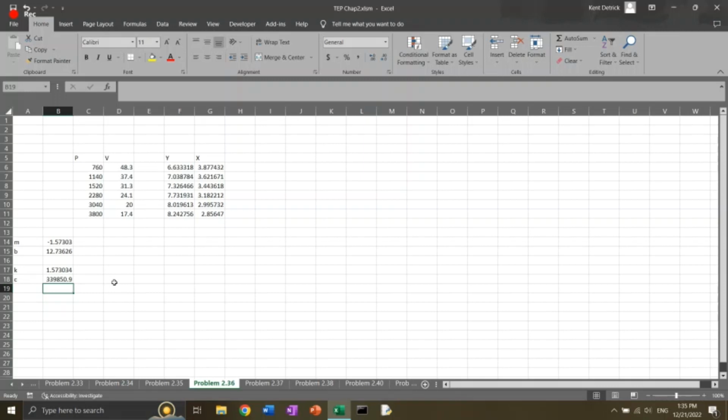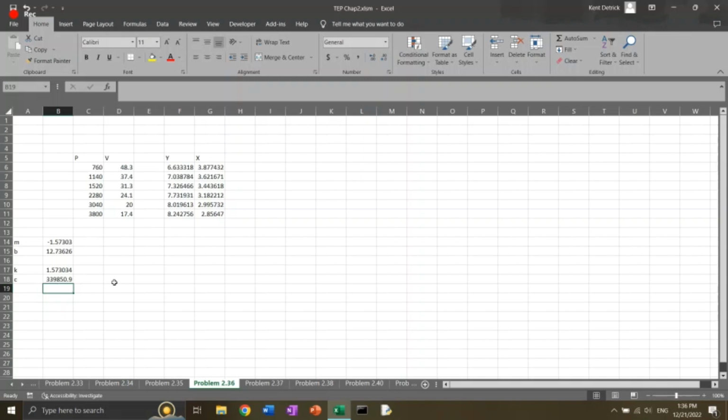Now we need to do a little bit of unit conversion here, because we need to examine our function and see what the units are. The pressure that we were given is in millimeters of mercury and the volume we were given is in centimeters cubed, and they asked for the values of K and C and their units.